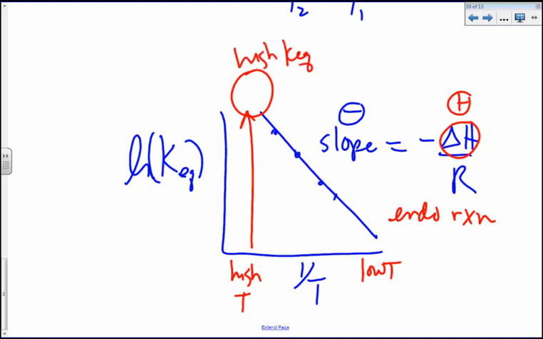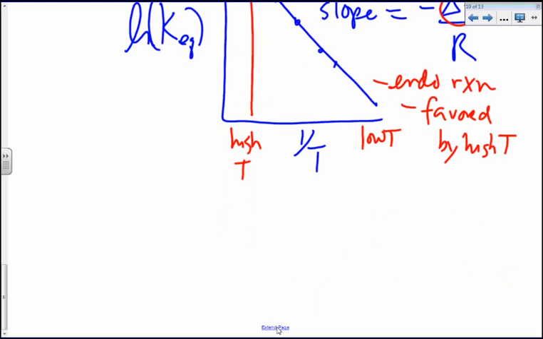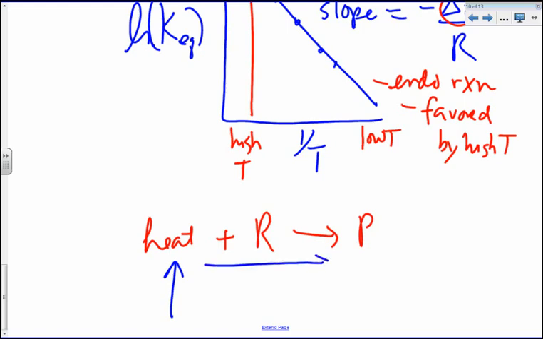So the forward reaction is favored by high temperature. You can rewrite this as heat plus reactant gives you products. An increase in temperature, provision of heat to your equilibrium mixture, will make the system react in a manner that counteracts that stress, so it will try to get rid of the heat that you provide. It's going to shift to the right, higher KEQ.